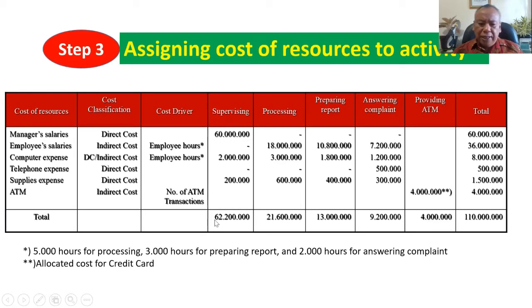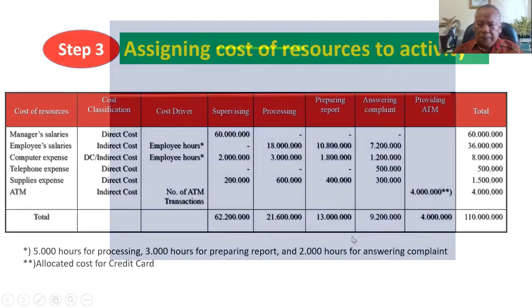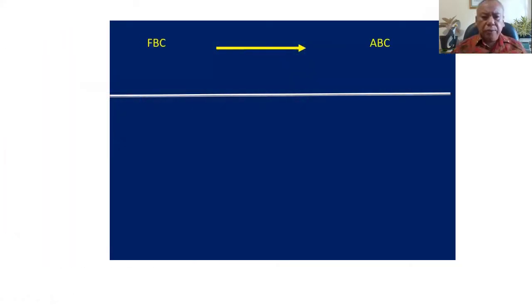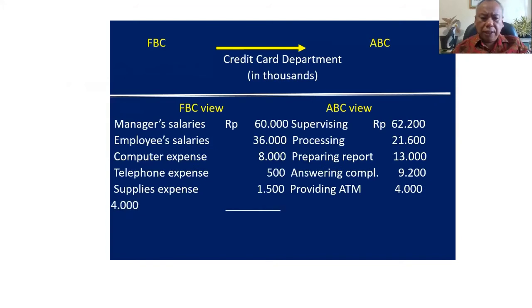So actually this information is activity-based costing information. This is the cost information that we have if we are using functional-based costing and activity-based costing.